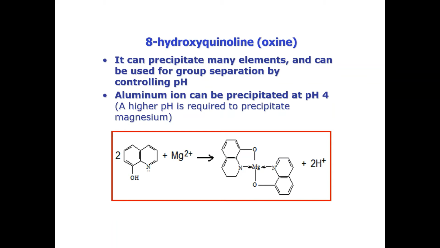Once the precipitation is over, we increase the pH, then it will react with magnesium and form the precipitate with magnesium. Okay, so that's what we mean by controlling the pH. We can make hydroxyquinoline, a general precipitant, more selective.